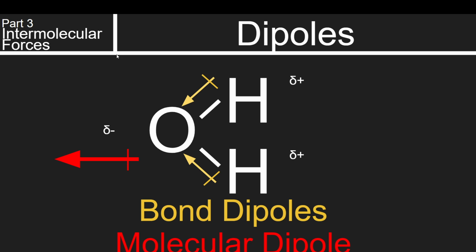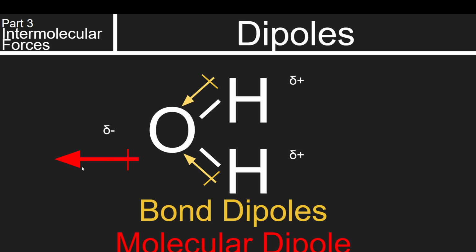And then to find the molecular dipole, we add together the two bond dipoles, the two bond force vectors, and what we see is that this one is heading up somewhat and this one is heading down somewhat. So when you add these together, the up and down cancel each other out. However, this is to the left, and this is to the left as well, because this is going up and to the left, and this is going down and to the left. Since they're both going to the left, the overall molecular dipole is going to be a force vector in the left direction.